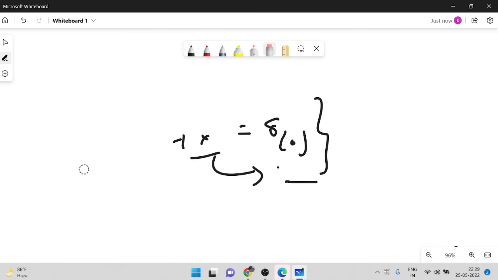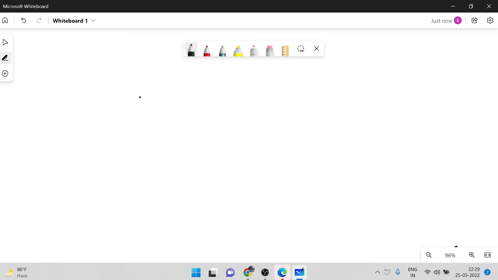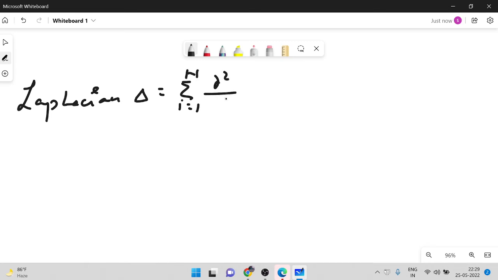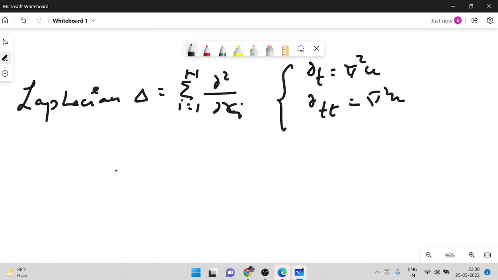Okay. Now let us go to a good example. Let us take the Laplacian operator. It is the most popular, in the sense that it is the most used differential operator in the realm of physics. Whether you take the heat equation dou T is equal to del square U, or the wave equation dou square U by dou t square is equal to del square U, or the Schrodinger equation.